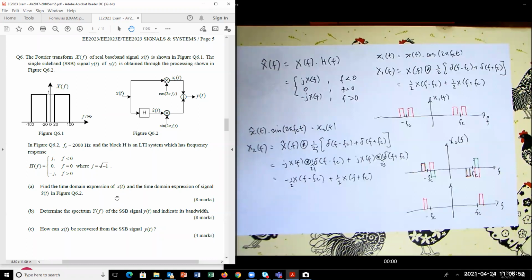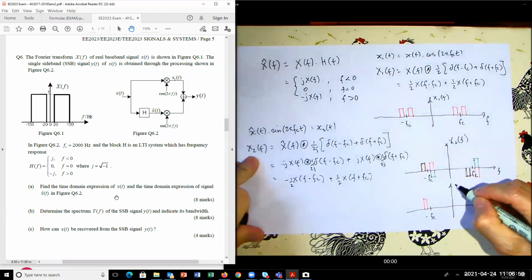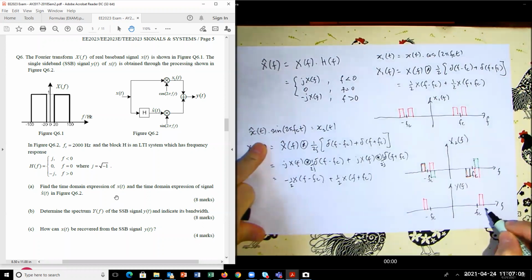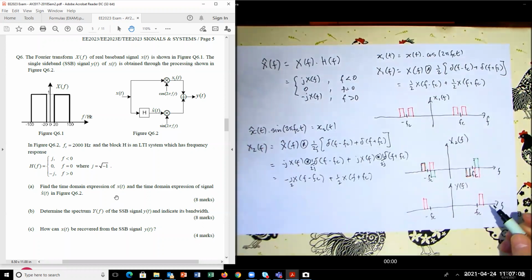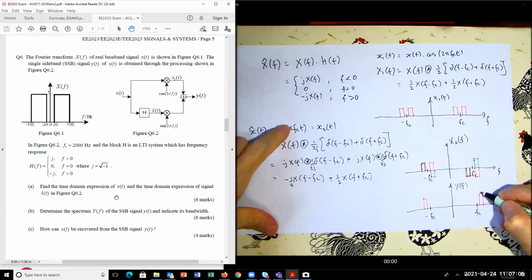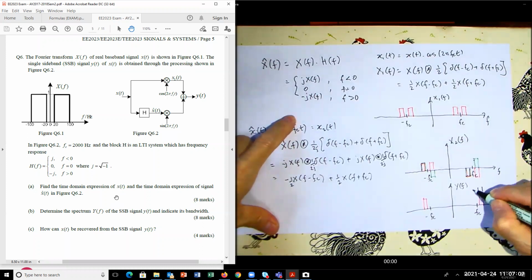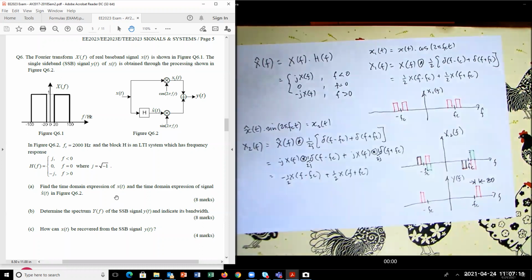So this is YF. And the bandwidth will be, as you can see, 80, because it's from 20 to 100, that is 80. I hope that explains it.